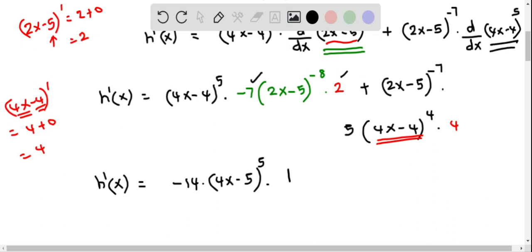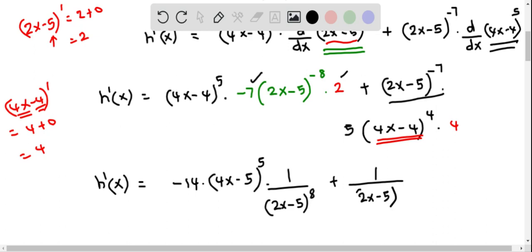So this can be written as 1 over (2x minus 5) raised to the power of positive 8. Now let's write the second term. Here we have (2x minus 5) raised to the power of negative 7. This can be written as 1 over (2x minus 5) raised to the power of positive 7, multiplied with, we have this 5 as well as 4. So 5 times 4 is 20 times (4x minus 4) raised to the power of 4.